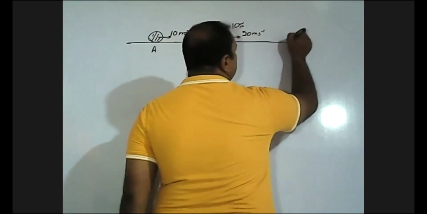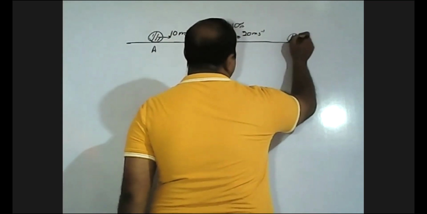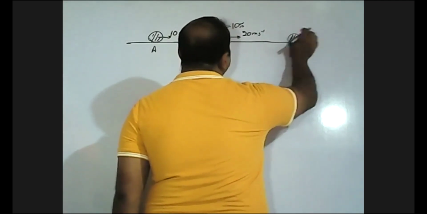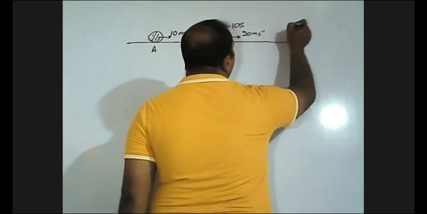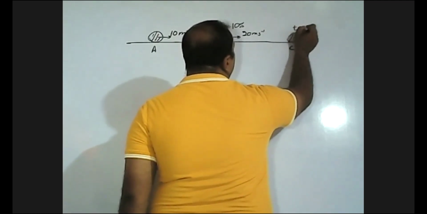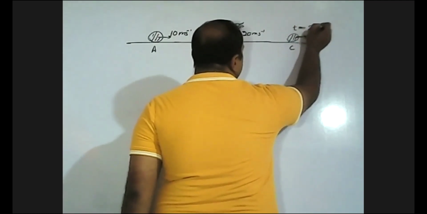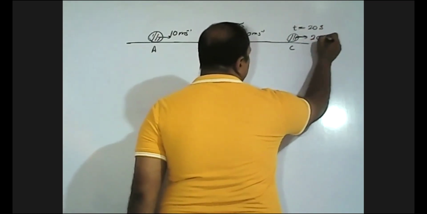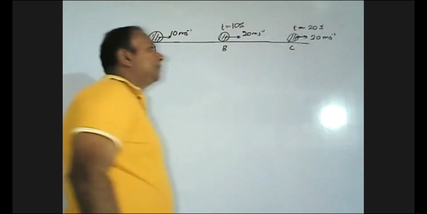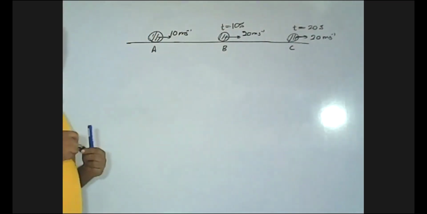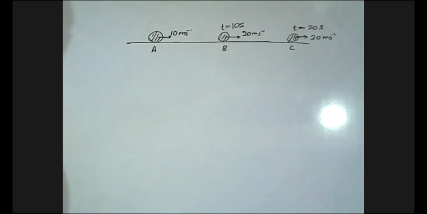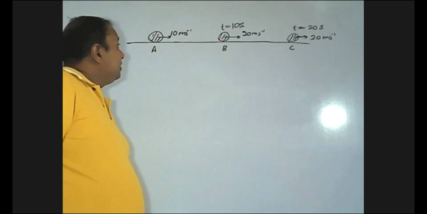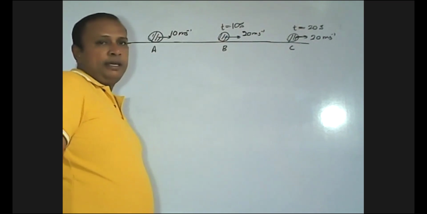When it passes point C, the time taken is 20 seconds and it has a constant velocity. From B to C, it has a constant velocity, but from A to B, it has an acceleration.